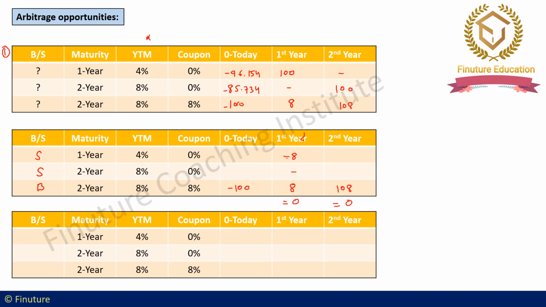If I short something, I get something today, which I'll invest at 4%, and this will eventually become $8, or -8, because it's something I have to pay to someone. So today it would be plus. Eventually, you can say you have sold something in future, so you have received something today, and what you will receive is $8 discounted at 4%.